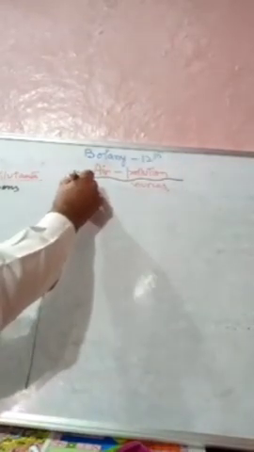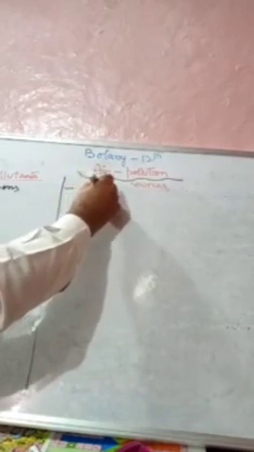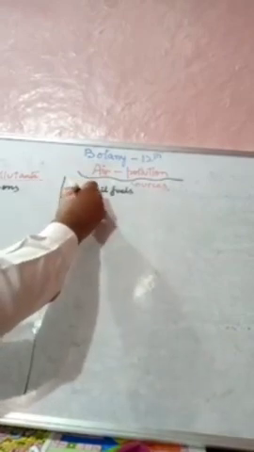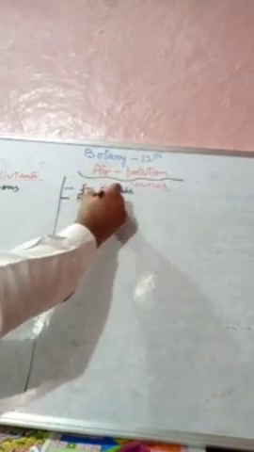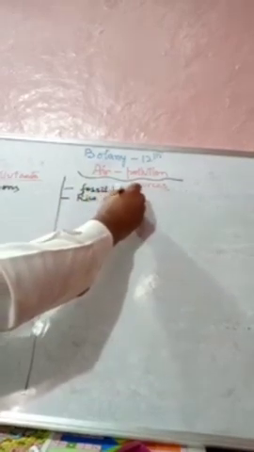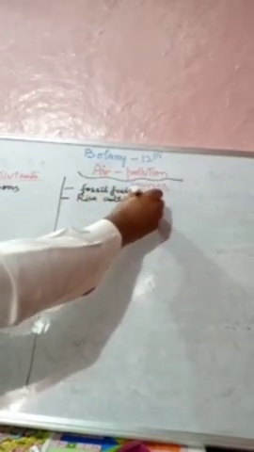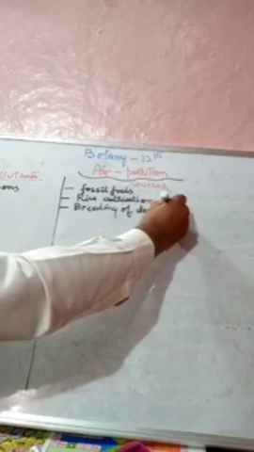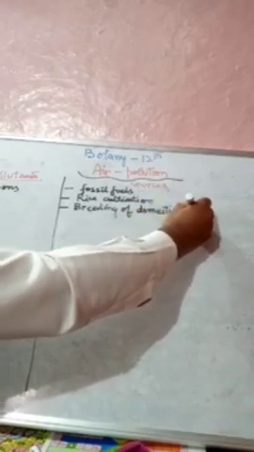First one, burning of fossil fuels. Second one, important, rice cultivation, where methane gas is emitted. Third, very much important, animal husbandry, that is the breeding of domestic animals.